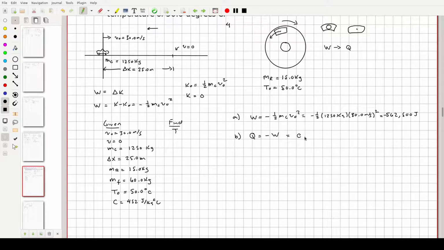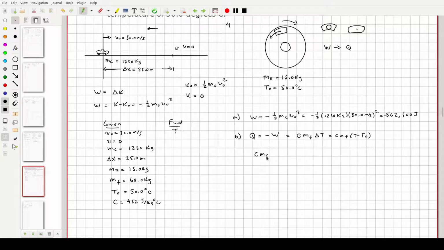Okay, so C times the mass of the thing that's slowing us down times the change in temperature. Okay, so here's what I have.